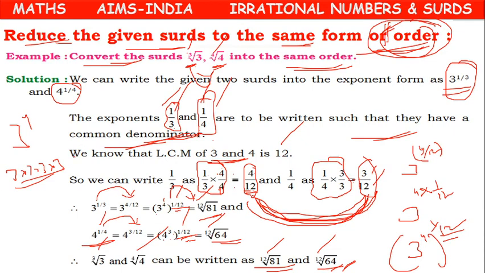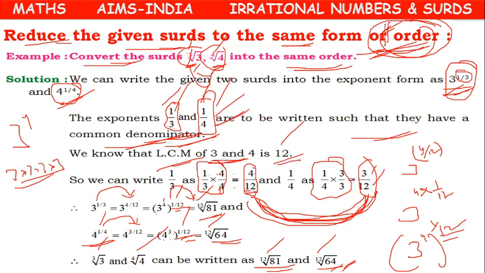How can we reduce given surds into the same order? First, whatever radical form is there, we have to write into exponential form. In exponential forms, we will have rational numbers with different denominators. We have to take their LCM and write them with a common denominator.